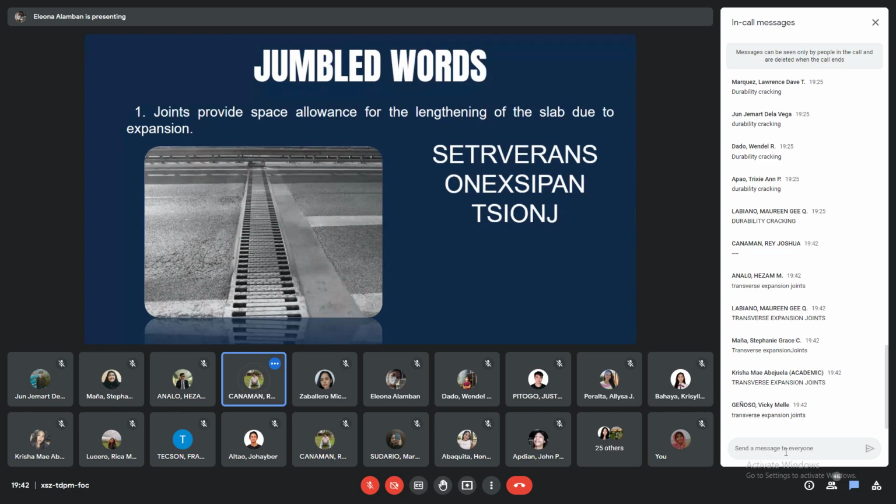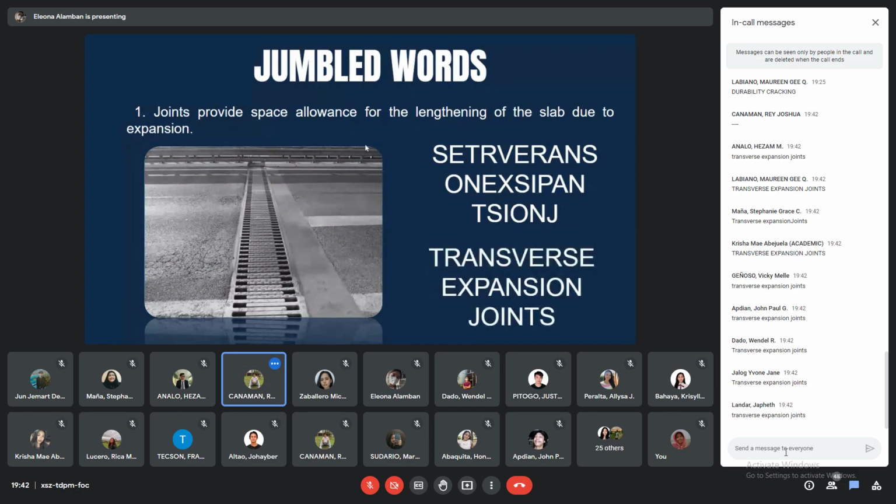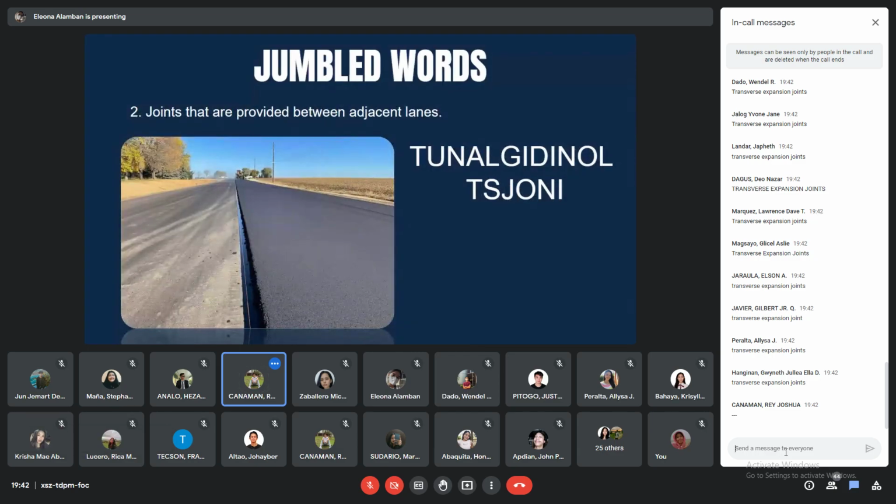Okay na. So ang first nga naka-answer is si Hezam Analo. Next. So number 2 is joints that are provided between adjacent lanes.